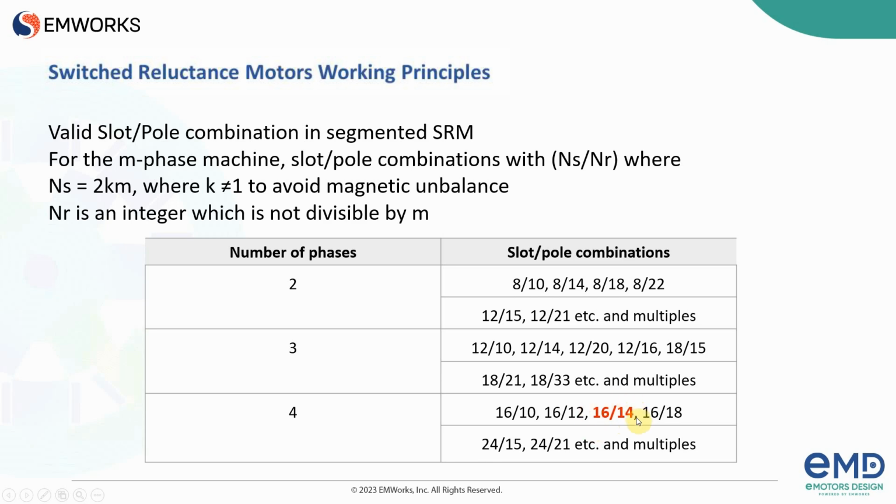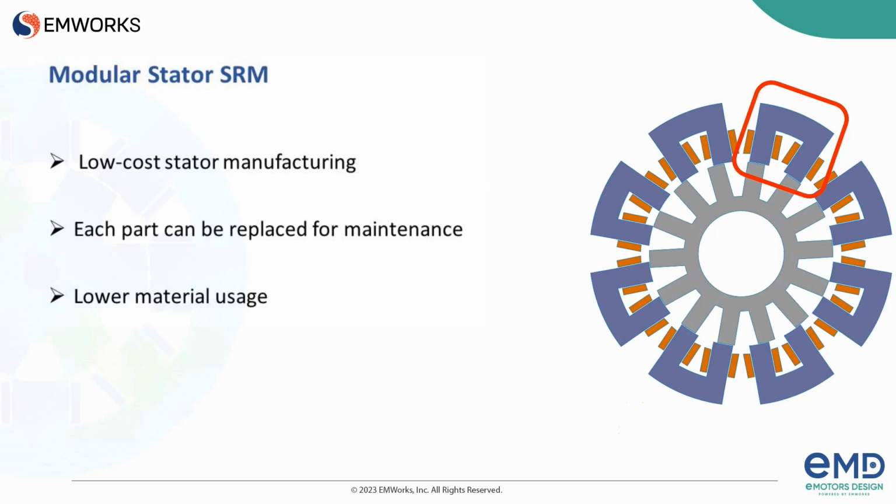switch reluctance motor. Now let's have a look at modular stator or segmented stator switch reluctance machines. In conventional machines, we have a lamination with a single part that contains all the stator teeth.